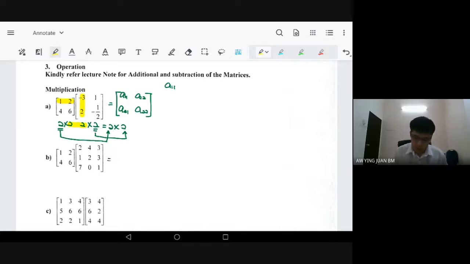Sebab A11. So, kita tulis 1 multiply with negative 3 plus continue 2 multiply with the 2. Ini adalah prosesnya. Seterusnya, kita ada A12.